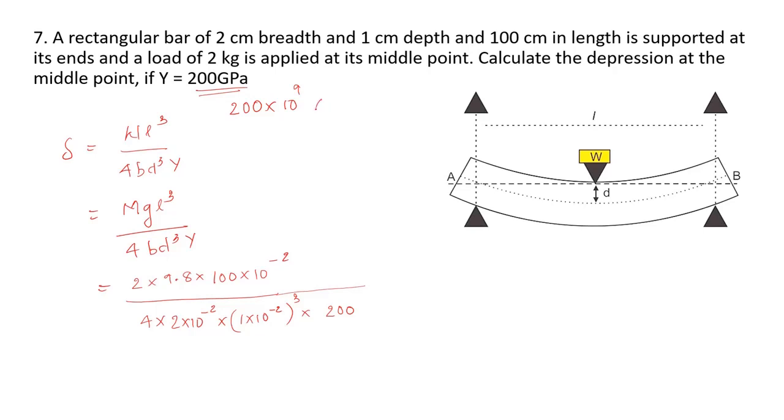Now Pascal is another unit for Newton per meter square, so we have a direct conversion. Here Y is 200 into 10 to the power 9 Newton per meter square. While substituting and calculating, we will get an answer of 1.225 into 10 to the power negative 3 meter. 1.225 millimeter is how much it is bent down due to this weight.